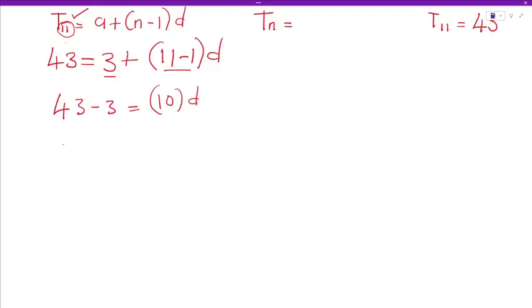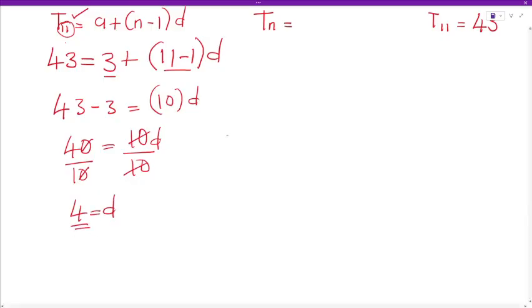Then 43 minus 3, that is 40, which is equal to 10 times D, which is 10D. Then you divide both sides by 10. The 10s will cancel, the zeros will cancel. Then 4 divided by 1 is 4. Meaning your common difference is 4. And you are done. As simple as that.